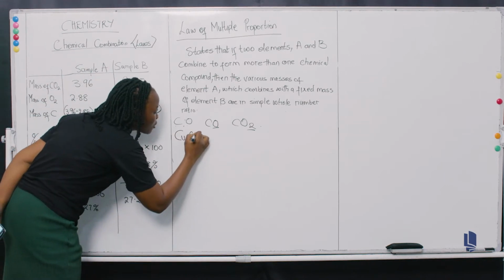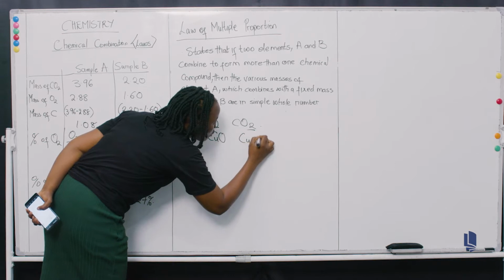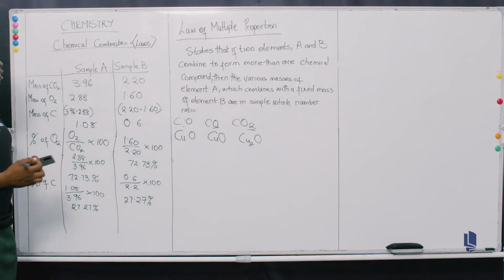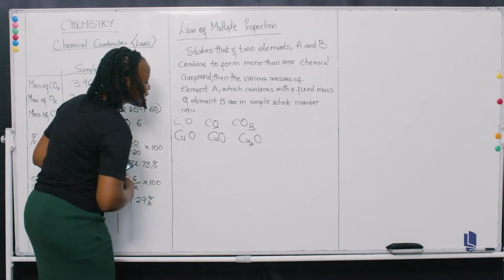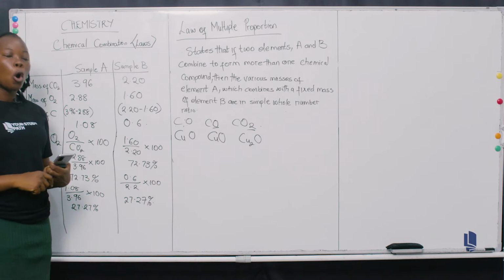Consider copper and oxygen. We have copper(I) oxide and copper(II) oxide. You can see that several masses of copper will combine with a fixed mass of oxygen.